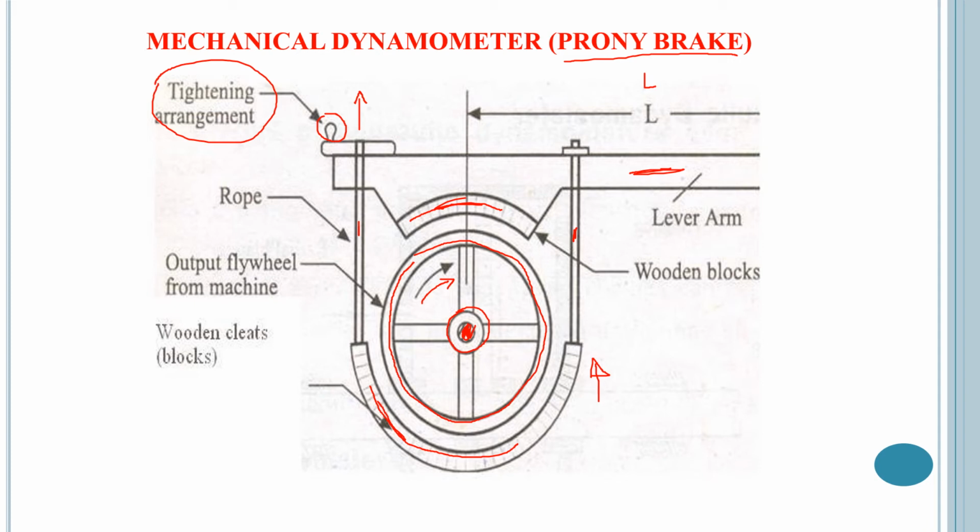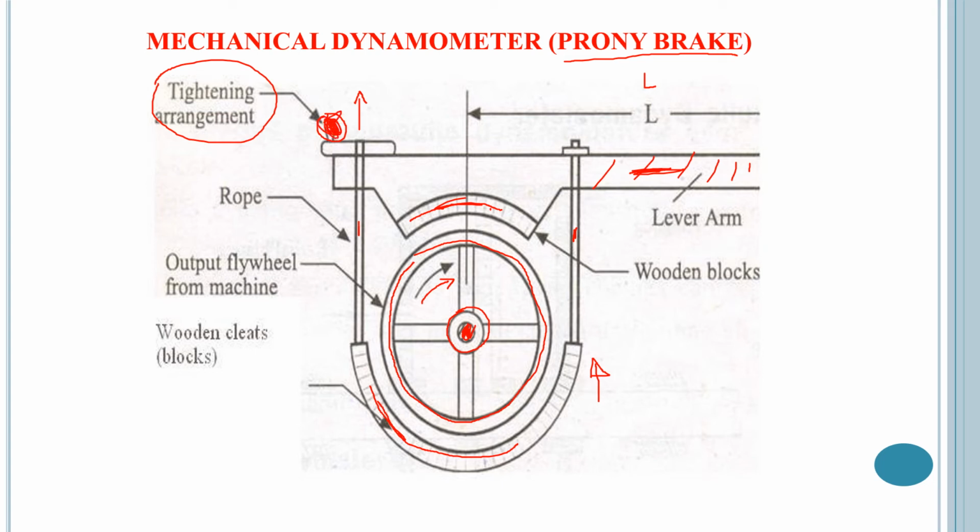One block carries a lever arm. This is the wooden block, and this wooden block carries a lever arm, and an arrangement is provided for tightening the rope which is connected to the arm.